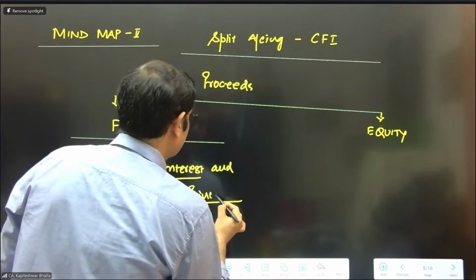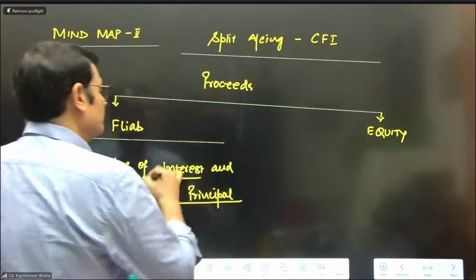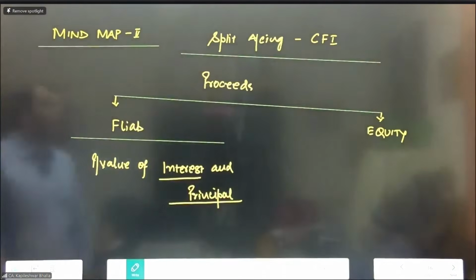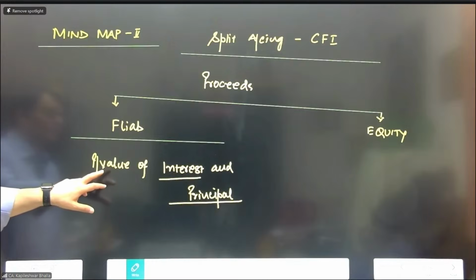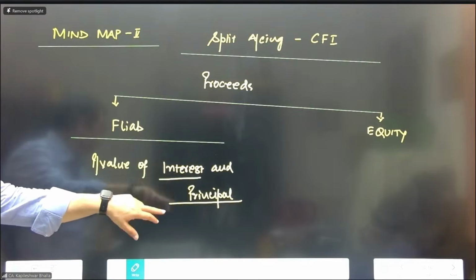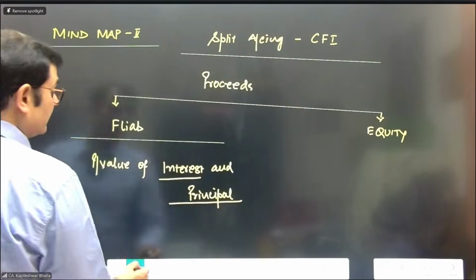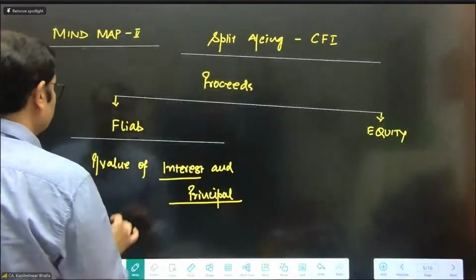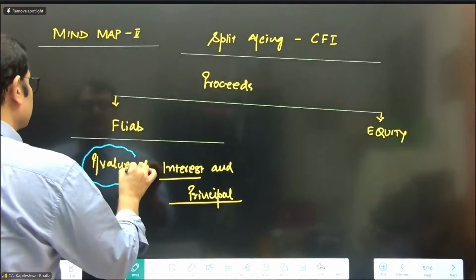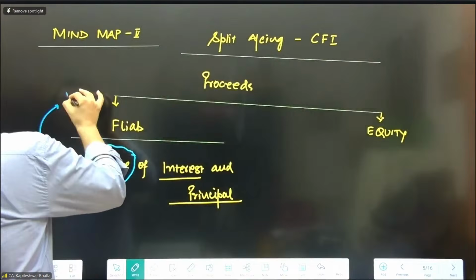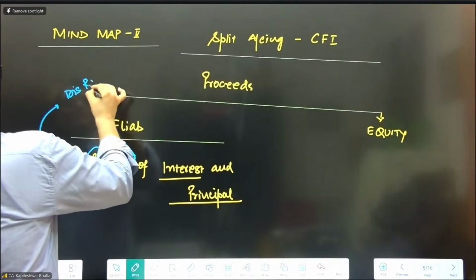As an issuer, you need to see that there is an unavoidable obligation to pay cash. So we need to consider the present value of the interest and the principal. And the important element to be kept in mind is that when you consider the present value, you need to consider a discount rate.